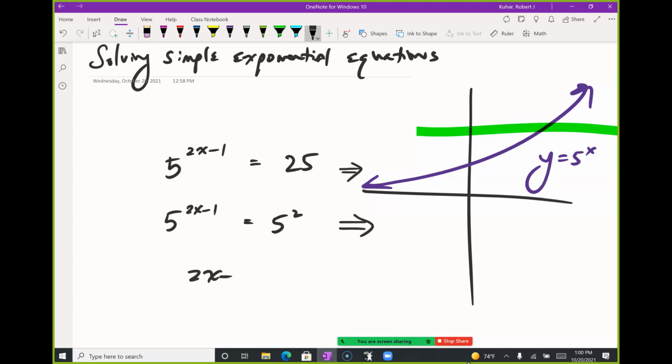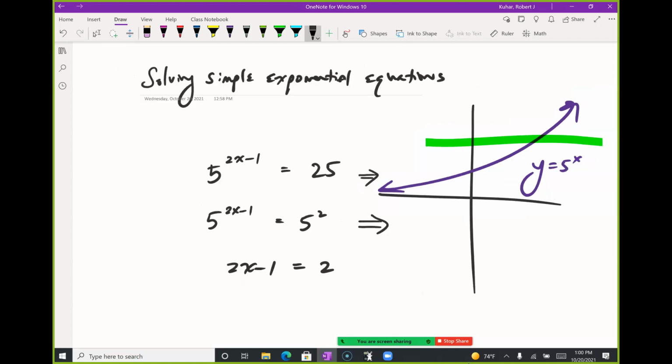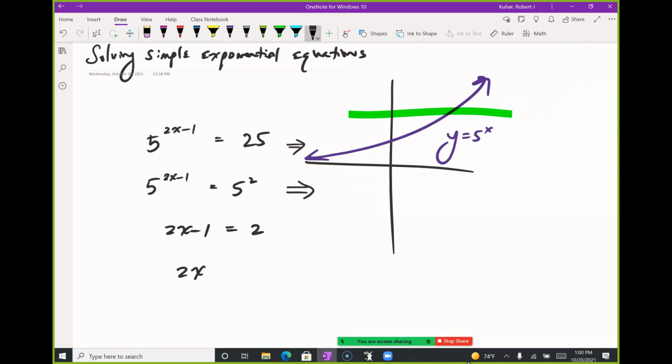The inputs have to be equal to each other, right? So because I know I'm dealing with a 1 to 1 function, it's like I can ignore the base. Something else is really happening that I'll show you a little bit, but now I can solve this. So 2x equals what? 3. So x is 3/2.